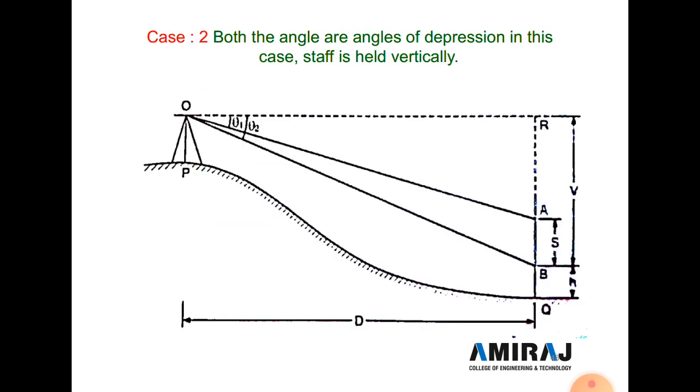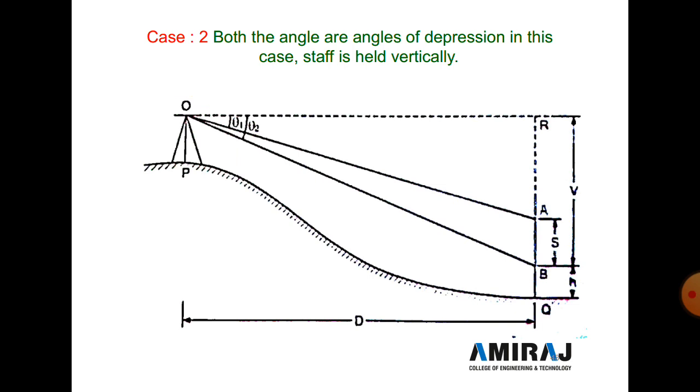Now we start new case number 2. Both the angles are angles of depression in this case and the staff is held vertical. From the horizontal line of sight both angles are in depression. At point Q the staff is held vertically, and at point P the instrument is set.